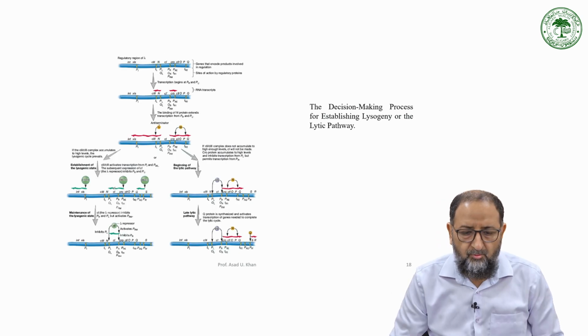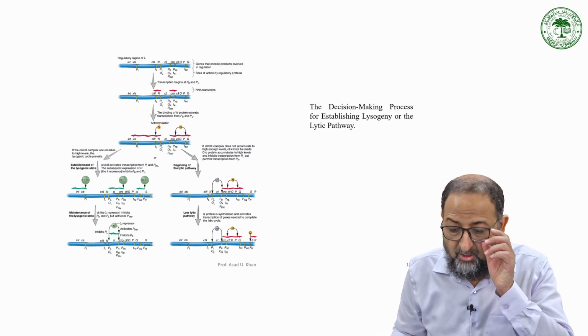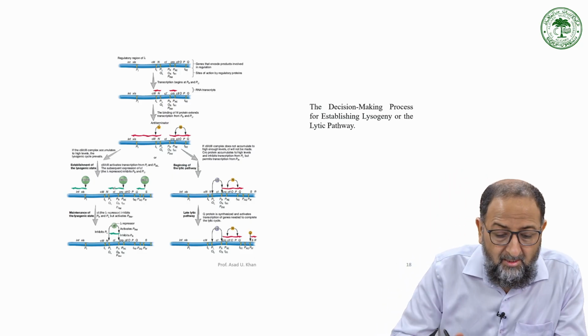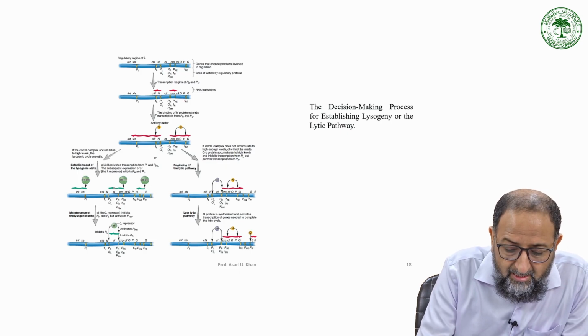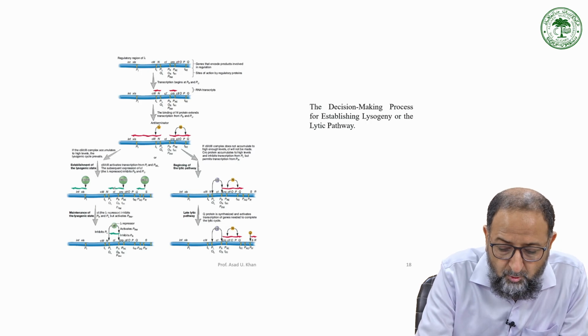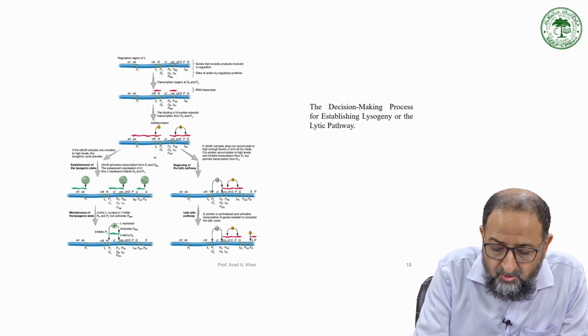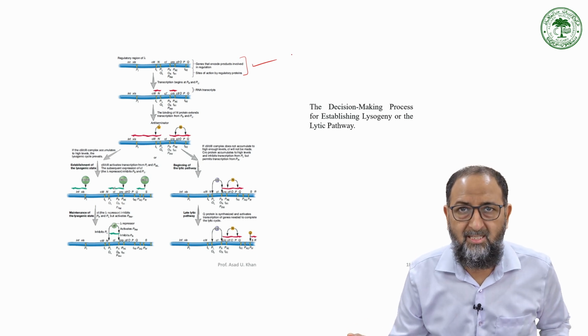Now this is just to show you a pictorial presentation of how the process takes place. This is the int gene and xis gene, which are regulatory genes, and this is the site where integration into the bacterial genome takes place. These are the cIII gene, N gene, cro, and cII, O, P genes. These genes encode products involved in the regulation of the virus, from lysogenic to lytic induction.